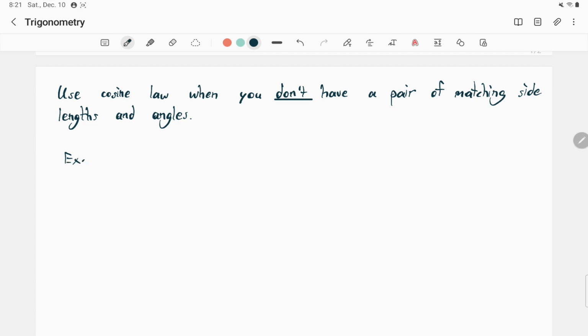There's a couple situations where this might happen. Let's do another example. Example 3. You could have a triangle that looks like this, a pretty classic example of cosine law. 7.5 centimeters, 11.2 centimeters.